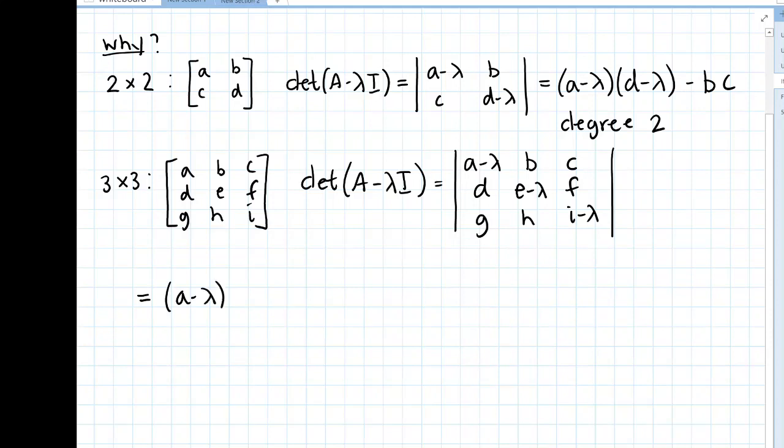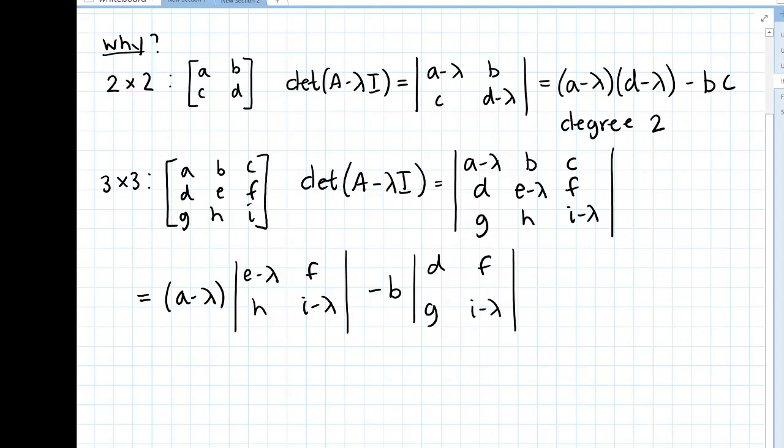Okay, so A minus lambda times the determinant of E minus lambda, F, H, I minus lambda, and then we would have minus B times the determinant of the remaining entries, D, F, G, and I minus lambda, and then plus C times the determinant of D, E minus lambda, G, H.